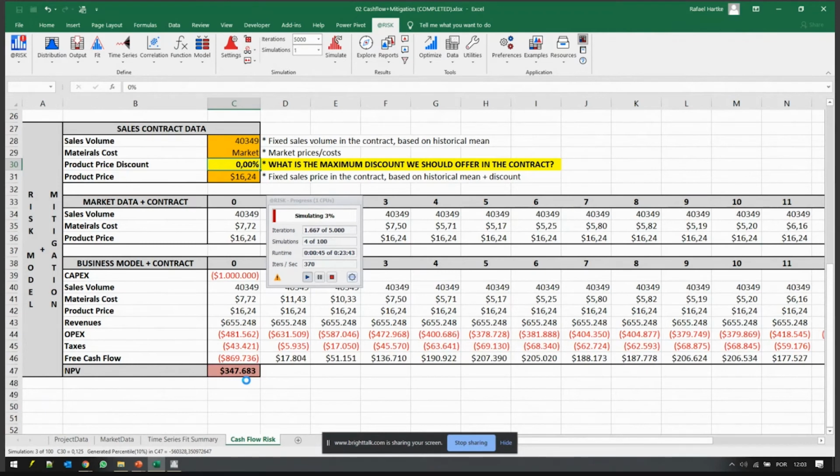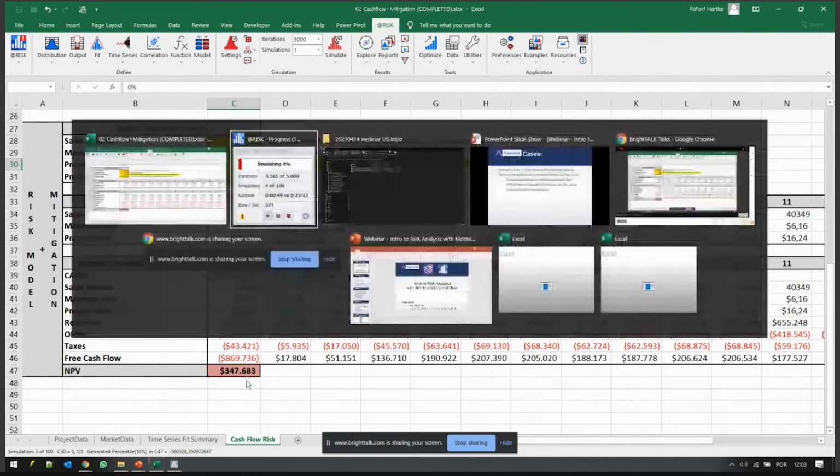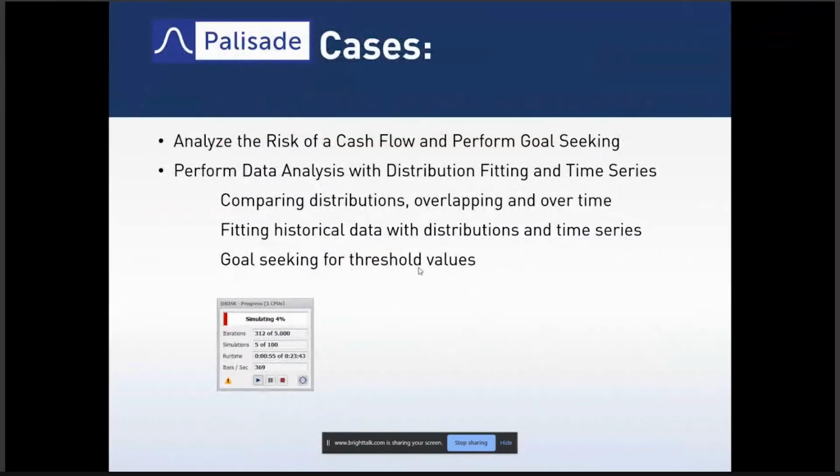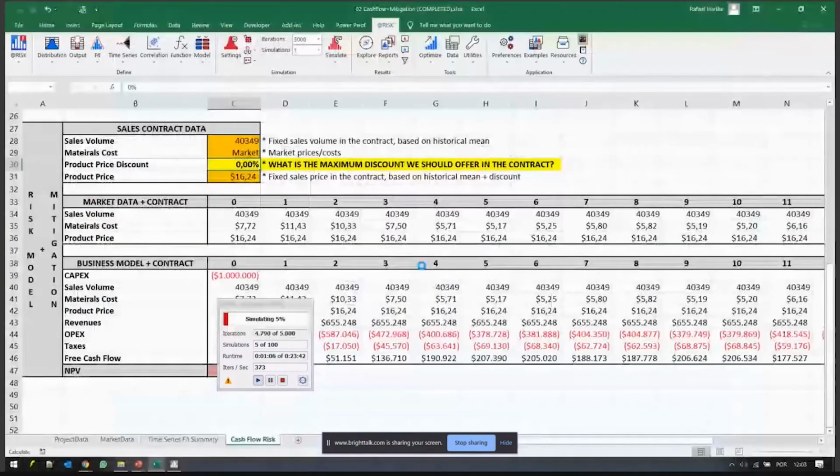So not only can we assess risks, we can also play with the idea of minimums, maximums, threshold values that make the business case make sense, that make the project better from the risk perspective. We go seeking for a threshold value below which my project makes sense, above which it doesn't. In this case, not the project, but the contract.